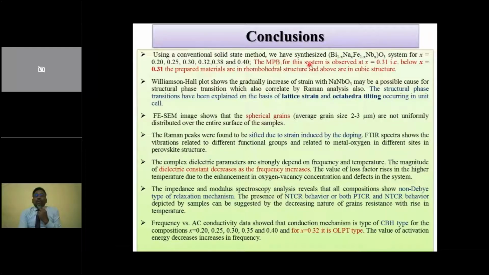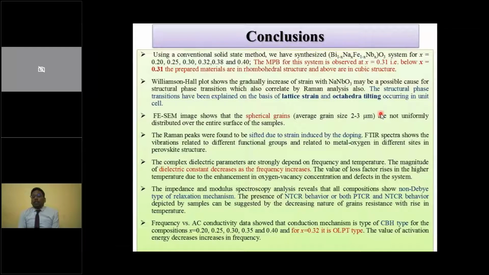The morphotropic phase boundary is found at x equal to 0.30. Below x equal to 30 it is a rhombohedral structure, and after x equal to 30 it is a cubic structure. The lattice strain and octahedral tilting are mainly responsible for the structural transition for this type of material.